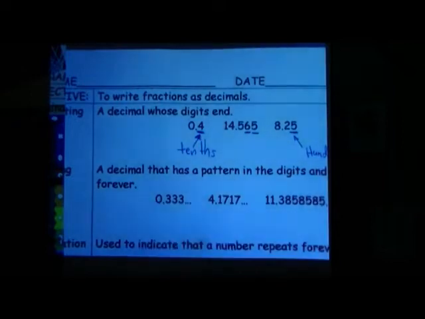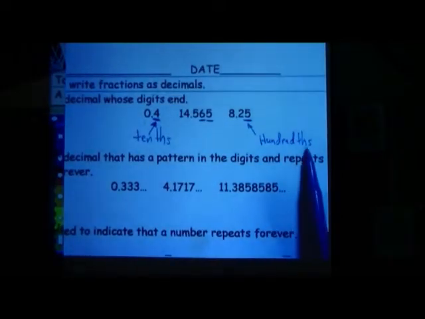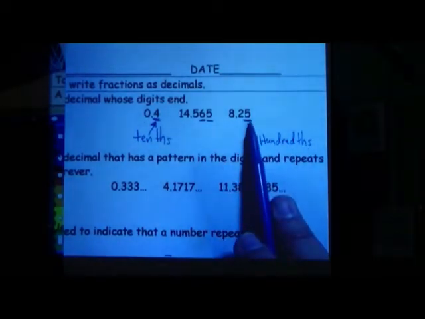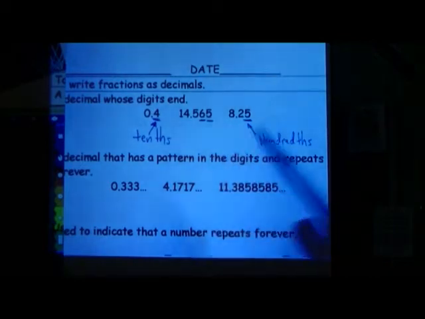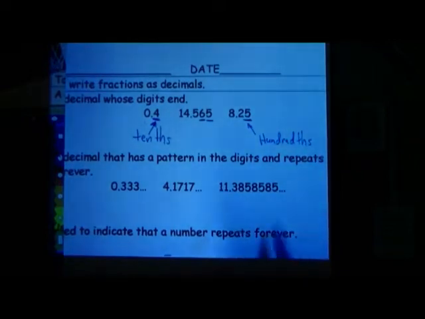Notice that it has a TH at the end. This THS is there because it's to the right of the decimal. Any place value to the left of the decimal does not contain the THS. It would just be 100, but not hundredths.